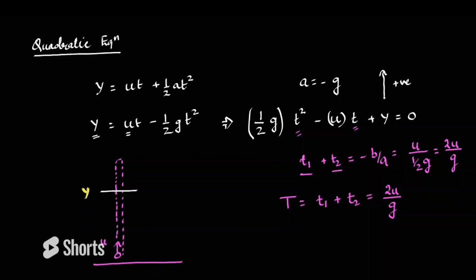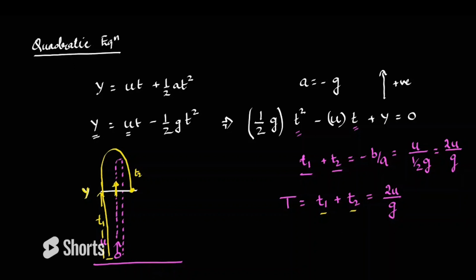At this position, when the particle is moving upwards, it will take some time t1 from the start to here, and t2 from the start to here again when it comes back to this particular position. So t2 is the time from the start to when it again reaches the y position, and therefore t1 plus t2 will be equal to 2u by g.